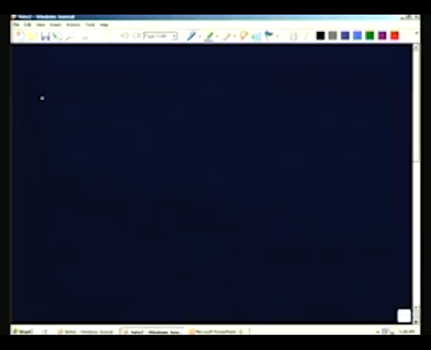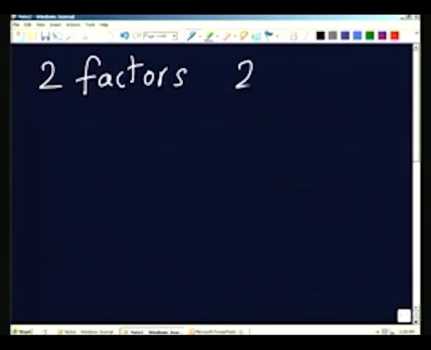So, let us look at the way we are going to go about. So, we have 2 factors. This is the example I am taking. I will take a specific example where I will indicate what the factors are as we go along. We have 2 levels.